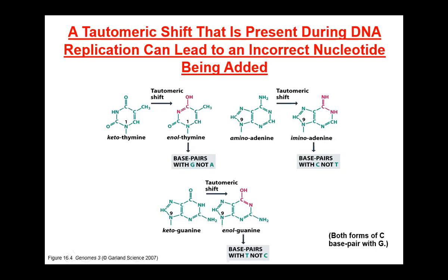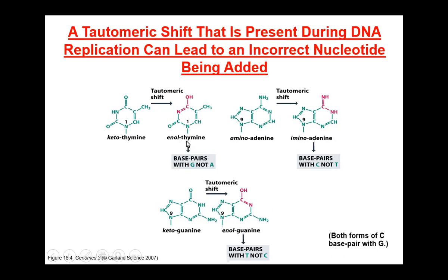Normally, the nucleotides on the left here are the ones that are most often found in the DNA by far. However, if just before DNA replication occurs there is a tautomeric shift for a base, the DNA polymerase is going to insert the wrong nucleotide opposite that base.